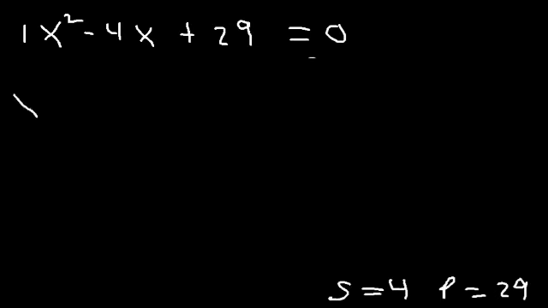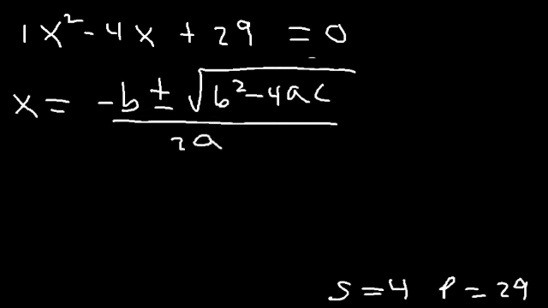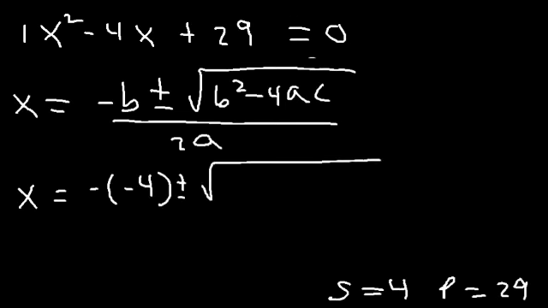So let's solve for x using the quadratic formula. Negative b plus or minus the square root of b squared minus 4ac, divided by 2a. So b is negative 4. And b squared, negative 4 squared, negative 4 times negative 4 is 16. A is 1. C is 29.